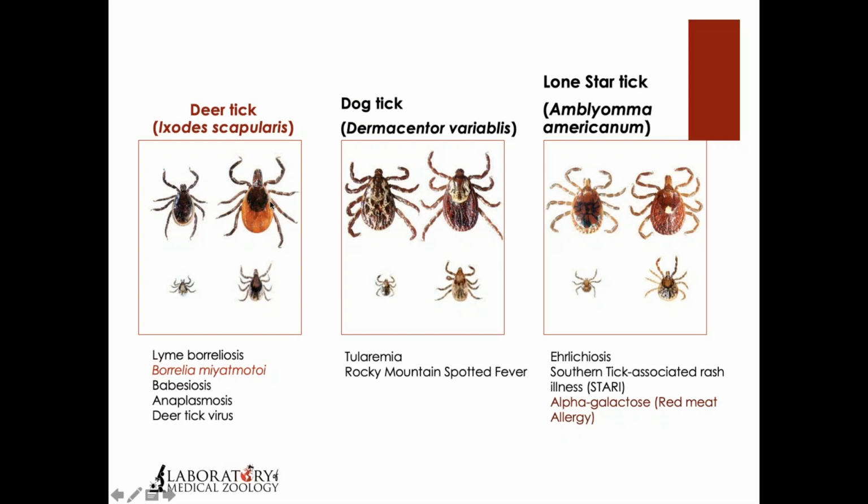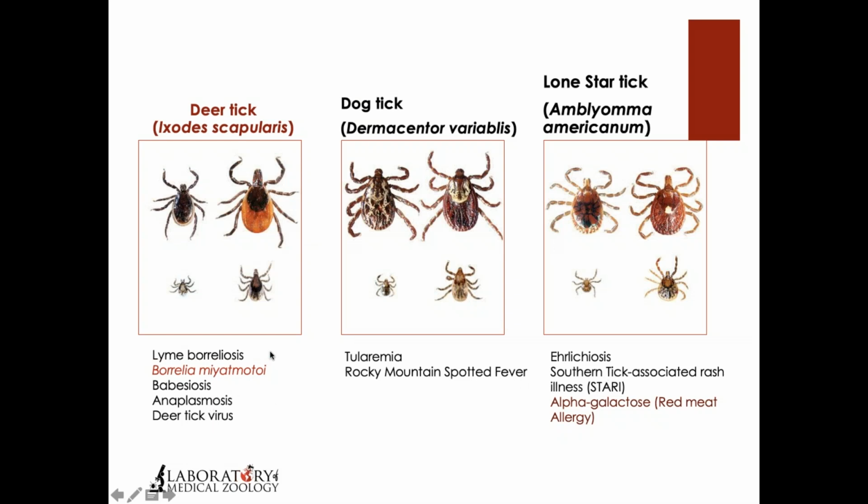Particularly in the adult female, there's a clear orange area, reddish, brownish orange at the back margin of the tick, which distinguishes it quite a bit from the Lone Star tick and the dog tick, which we say are more ornamented.